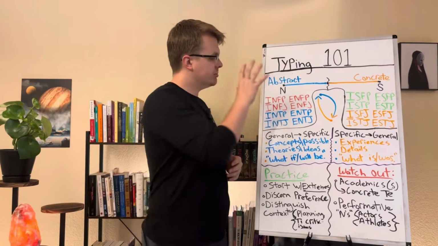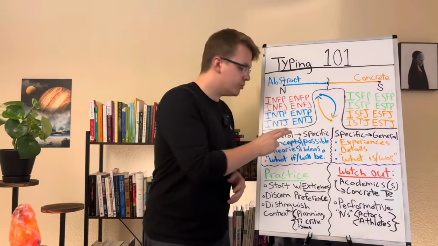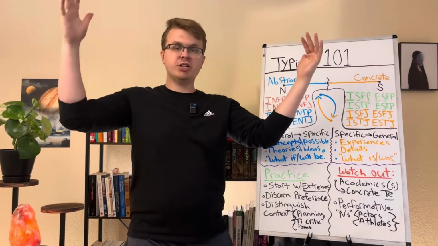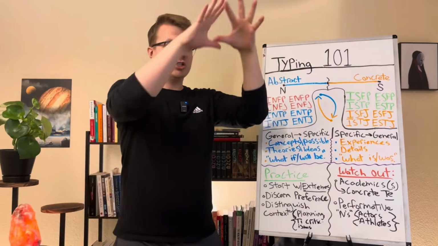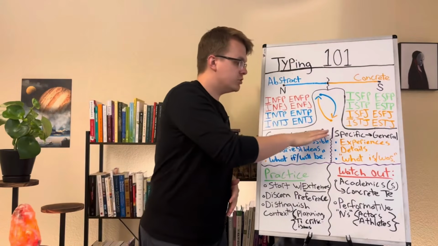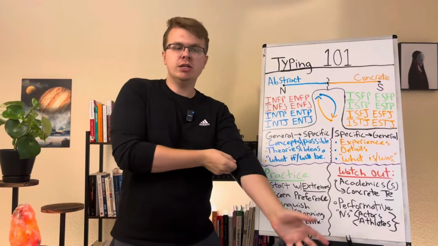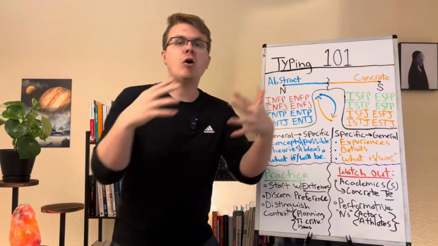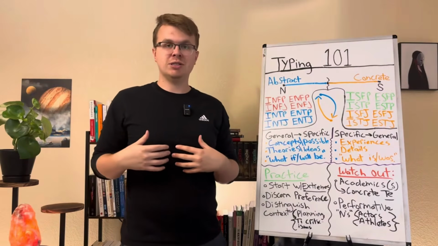Now, the 8 abstract types, the general rule of thumb here is that they move from the general, from the big picture, from the idea, from the concept, from the possibility. They start there and then they move to the specific. Okay, with that idea, with that image, with that pursuit, how do we then make it real? Or how is it relevant to personal experience I've had?